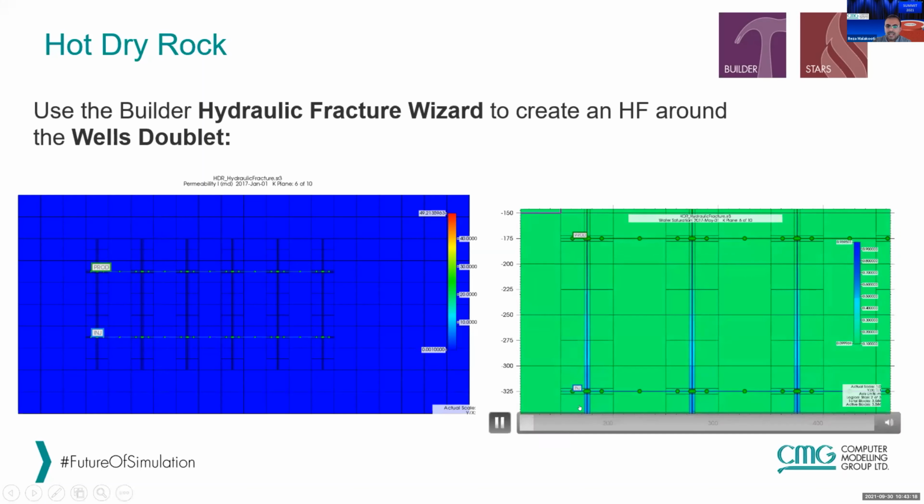The only time STARS would not be applicable is when people are interested in capturing the heat exchange at the surface facility, at which time GEM and CoFlow would come on board to model such systems.